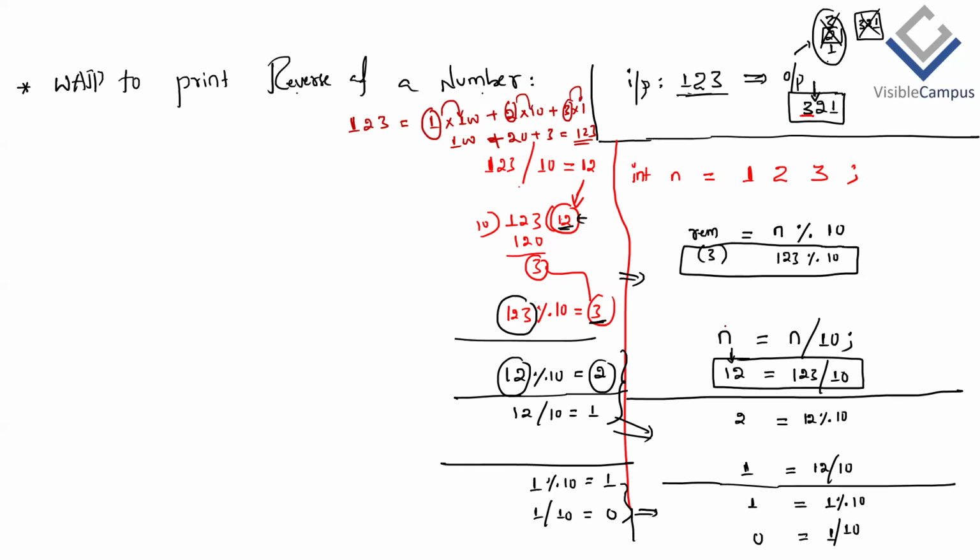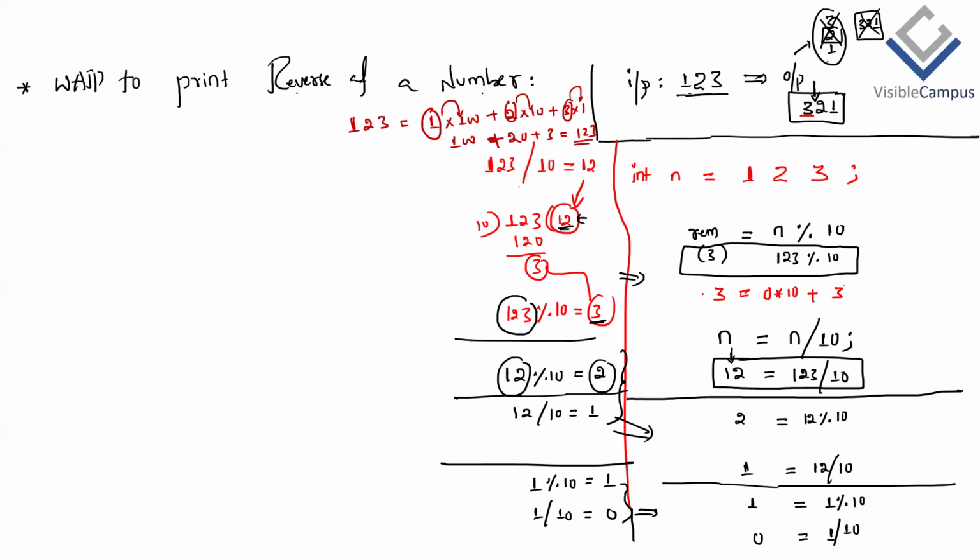That's the next step. For that, what we're supposed to do is add this number 3, which is a remainder, to some number, 0 into 10. 0 times 10, how much? 0. 0 plus 3? 3 is the result.